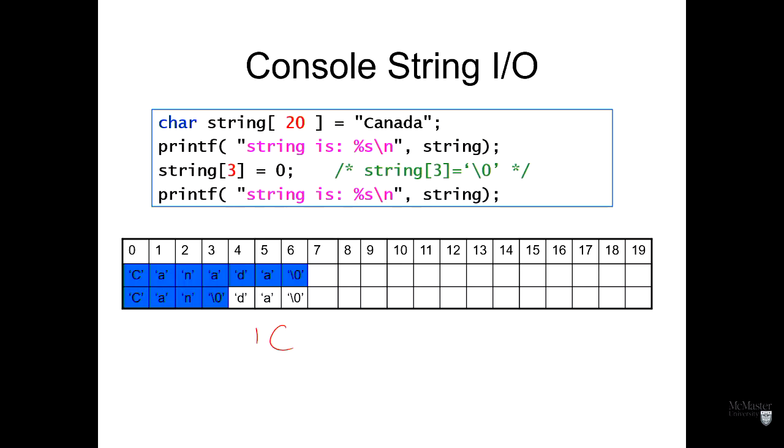Good? Because we said before, characters can be defined either by just a character like A, or you can say a character equal to 26, where 26 is the ASCII code of A, and this gets translated directly. So 0 is the ASCII code of the null operator. That means now you're actually putting a null in element number 3. Can you imagine what may happen if you repeat the same function here?